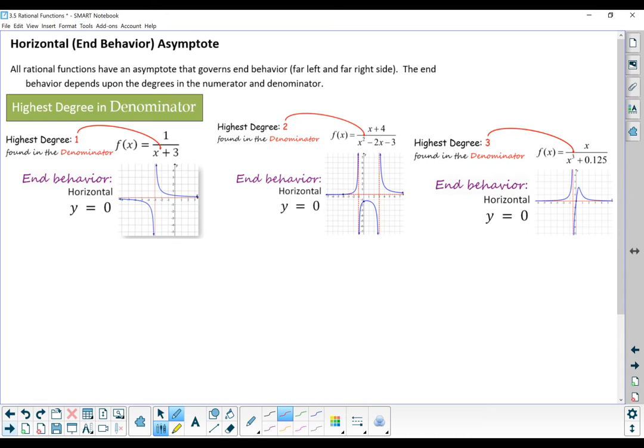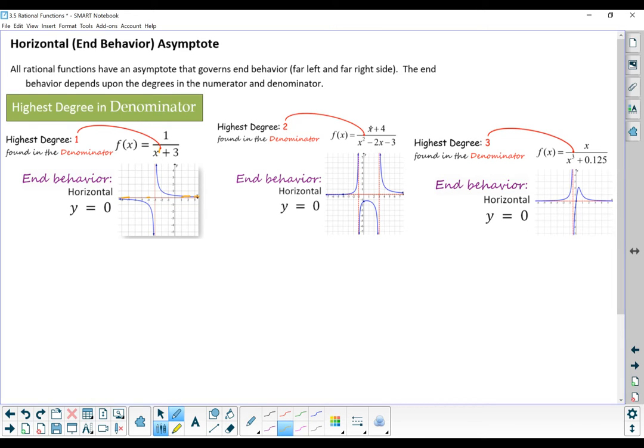Here are three examples of rational functions that have an asymptote at y equals 0. You can see that in all of these functions, we have a power that is higher in the denominator. We have x with power 1 in the denominator here, so we have that asymptote at 0.